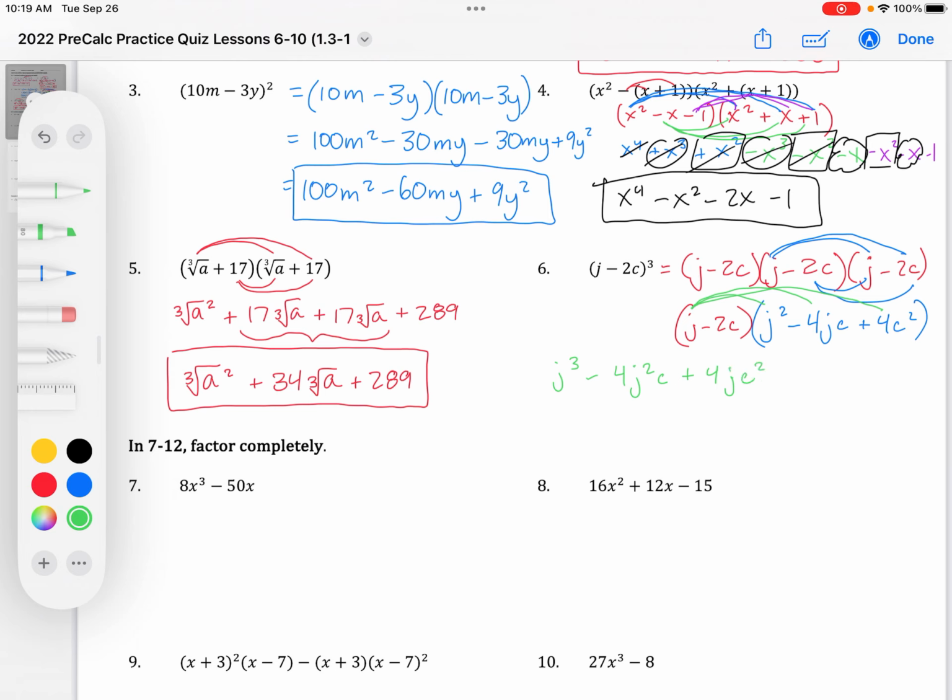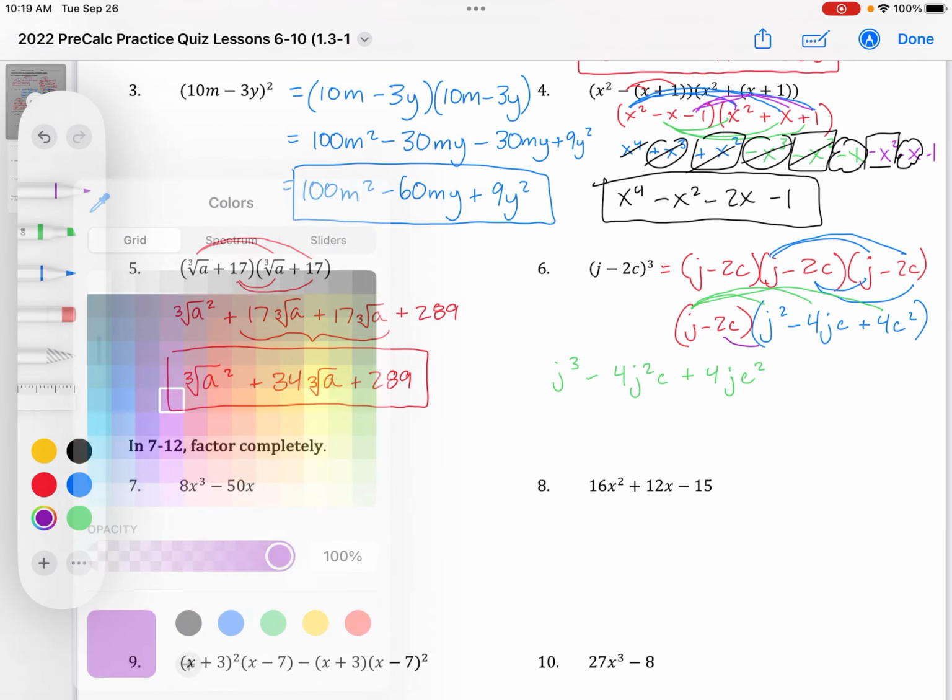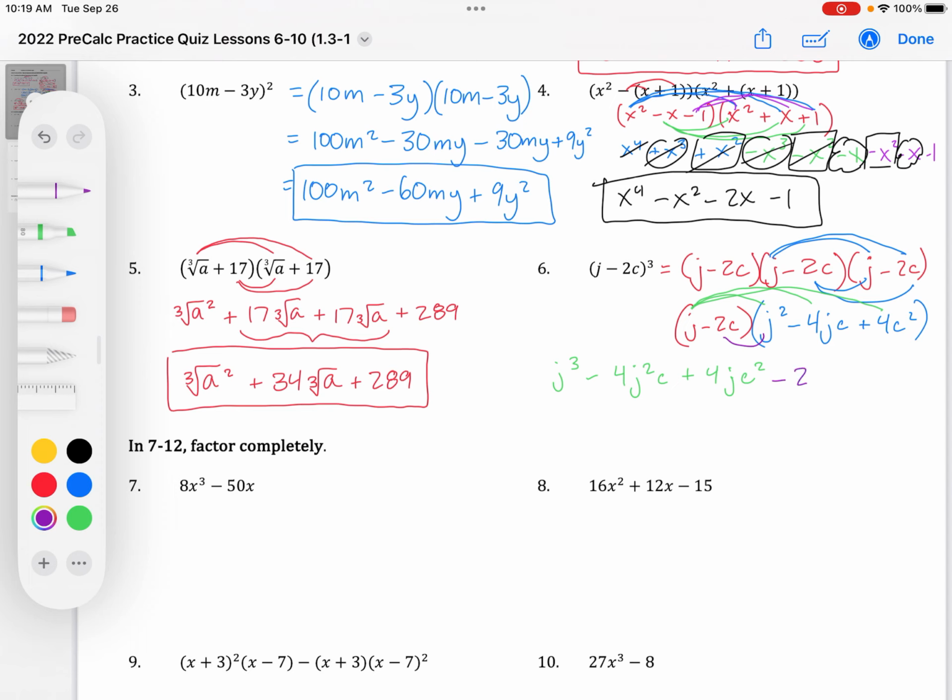And then we distribute the negative 2c, so negative 2cj squared. And then we have plus 8jc squared. And the last piece would be minus 8c cubed. All right, now let's look for like terms, see if we have any. I don't see any j cubed, so we'll just rewrite that.